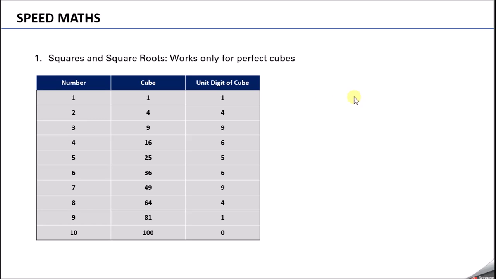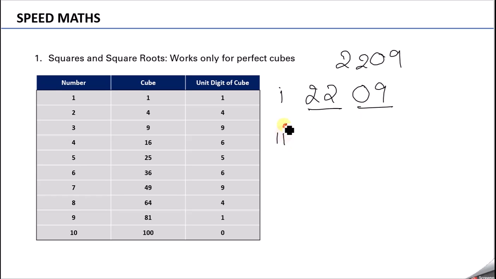Now say you need to find the square root of 2209. Again, as usual, make groups of two. Since it's 9, the unit digit could be 3 or 7.